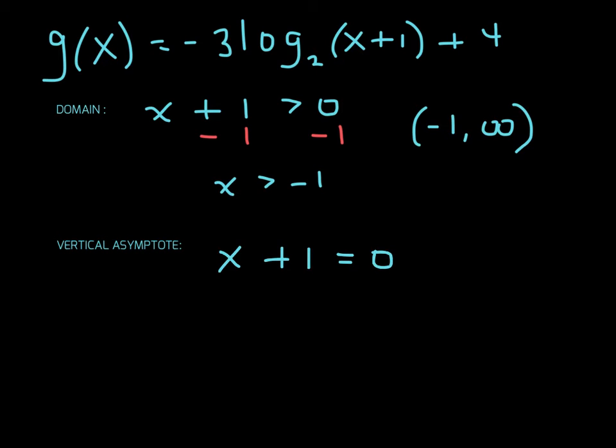So you can say x plus 1 is equal to 0, solve, and get the equation that defines your vertical asymptote. And there it is. It used to be x equal to 0, but now it's x equal to -1. Well, because this x plus 1 is a horizontal translation 1 unit to the left. So imagine your vertical asymptote going from x equal to 0 to x equal to -1 by shifting to the left 1 unit.